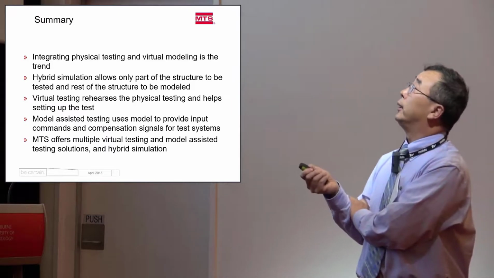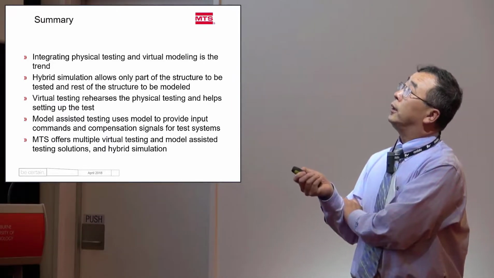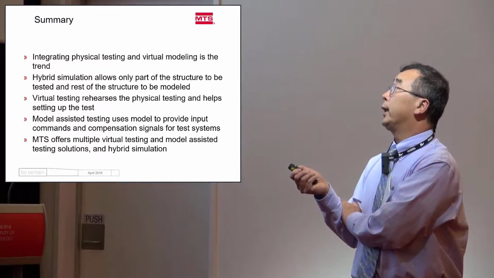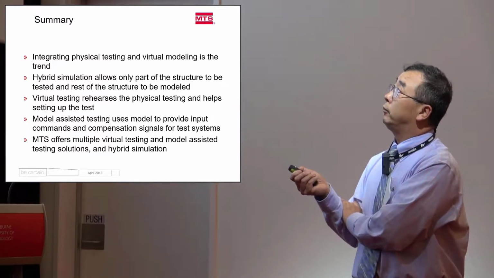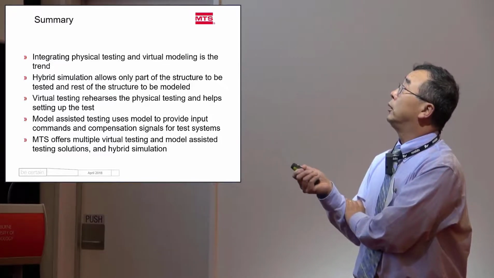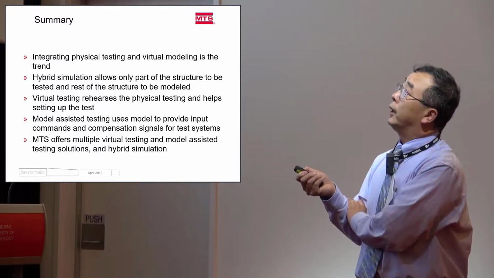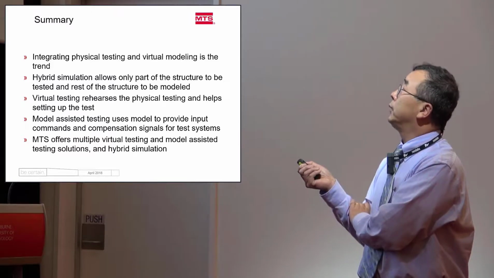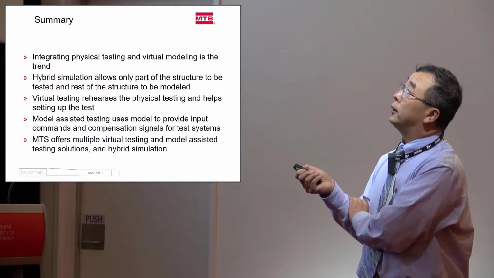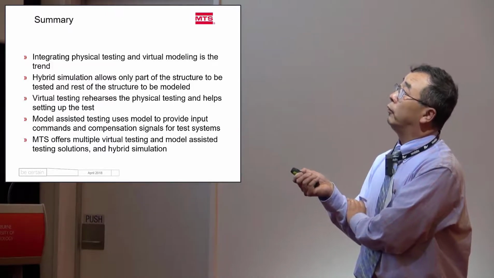We talked about that. We are also actively working on virtual testing and building all kinds of models, Simulink models, Adams models, and CarSim models, so that we can rehearse the physical test, help set up the physical test, and get the command from the virtual testing.